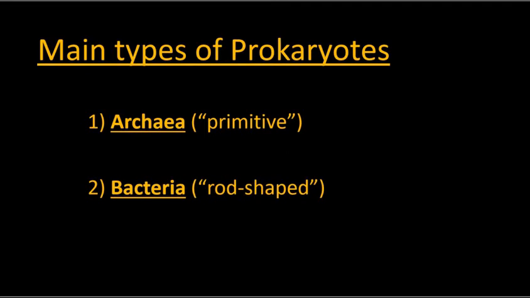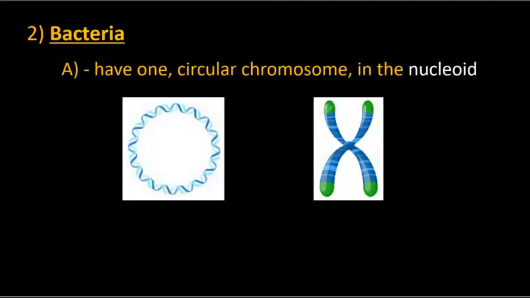Okay? When we talk about bacteria, it is very common, but there's lots of things that you may not know about bacteria. For example, bacteria have one circular chromosome in something that's called a nucleoid. This right here is actually the double helix of a normal chromosome for bacteria.